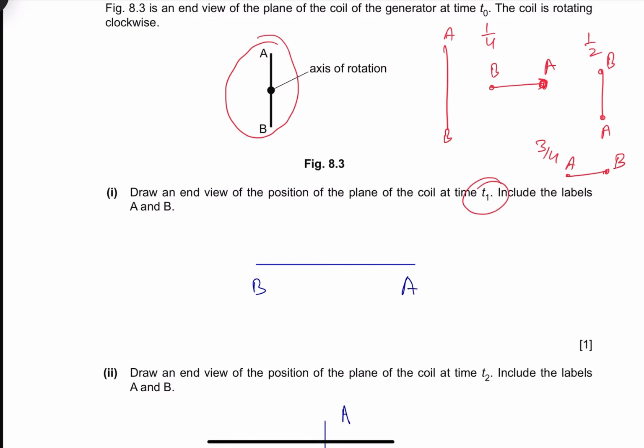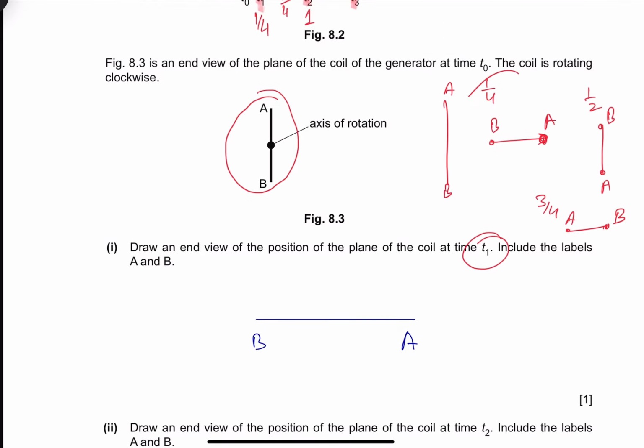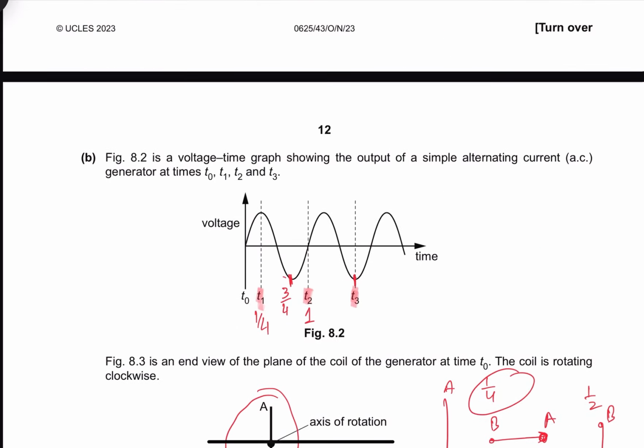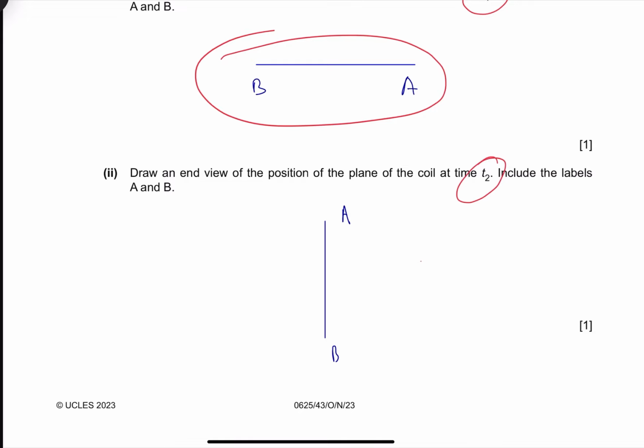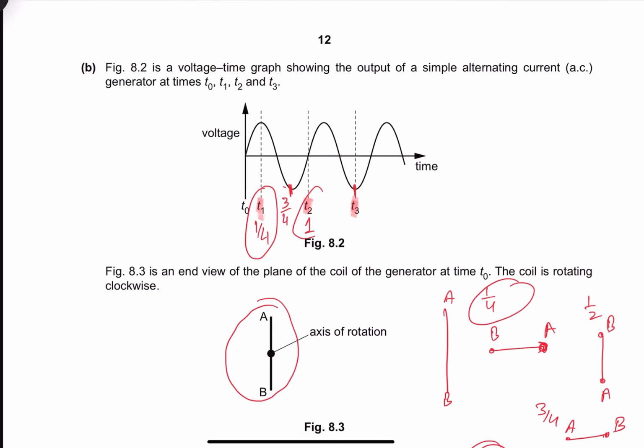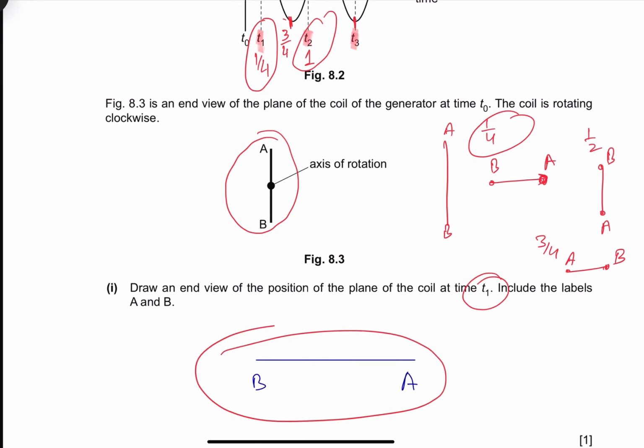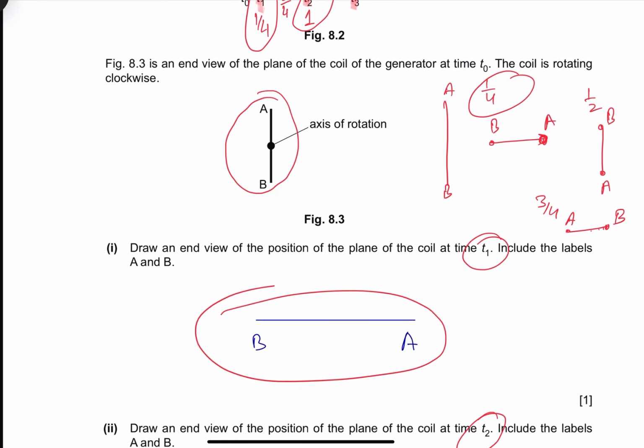This is T1. T1 is basically 1/4. If you see from there, it's 1/4. So this will be the shape. And T2 is basically a complete cycle. After one complete, this was 3/4, and after one complete cycle, A will go again up and B will be at the bottom.